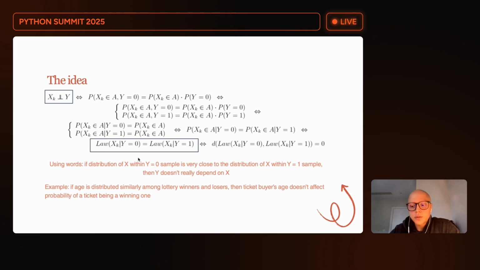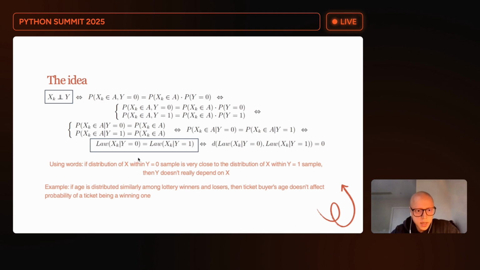And imagine that you take some factor and take a look at its distribution within both samples. The idea is that if this distribution is very close from one to another, then the target variable of interest, the variable of having a disease in that case, really does not depend on the corresponding factor.